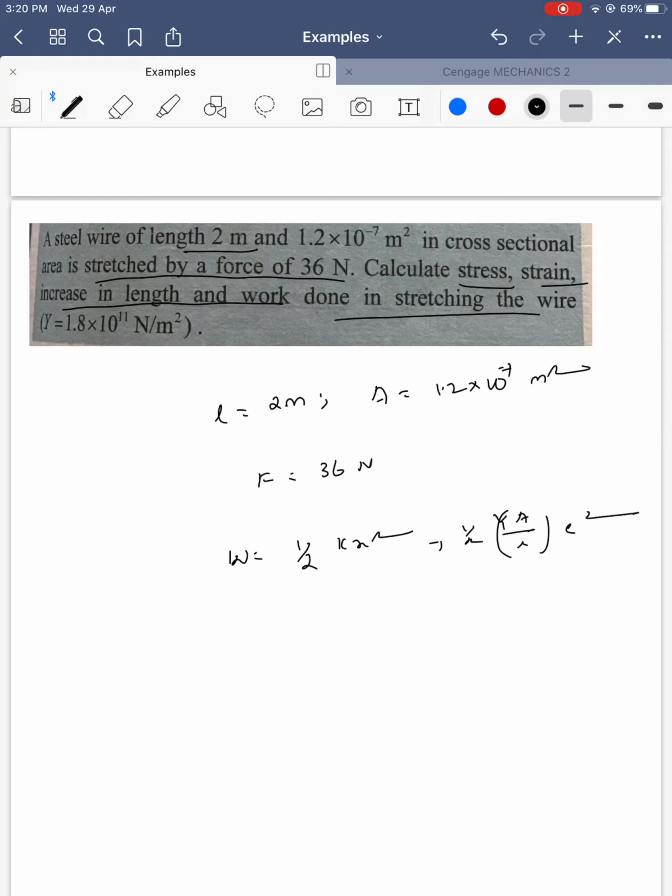So whatever formula you want to use, you can try. Force is known, so if we simplify, half F into e can also be written. Force is known, so you can get the elongation. How to get elongation?